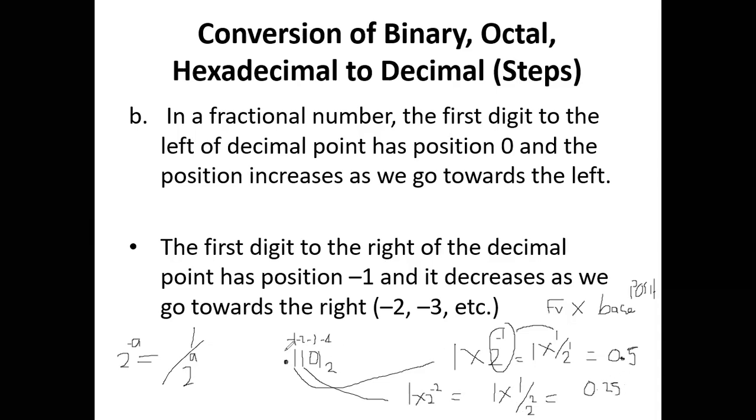Okay. Then next, this is position -3, which has a 0. Then position -4 will be 1 multiplied by 2 to the -4, which will be 1 divided by 16.